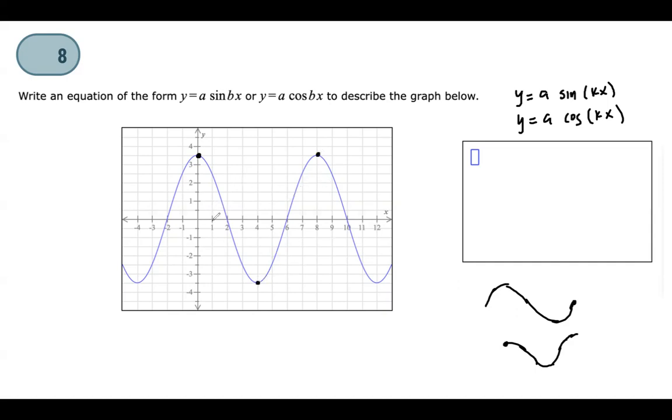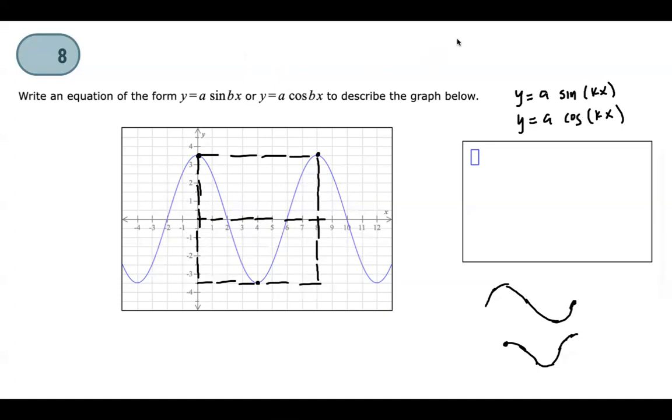Now, let's sketch the midline. So the midline is right here. And let's trap this inside of a box to find what the period of this is and what the amplitude is. So the amplitude is going from the midline either up or down.